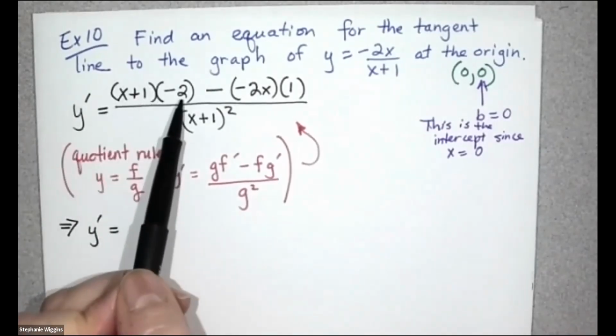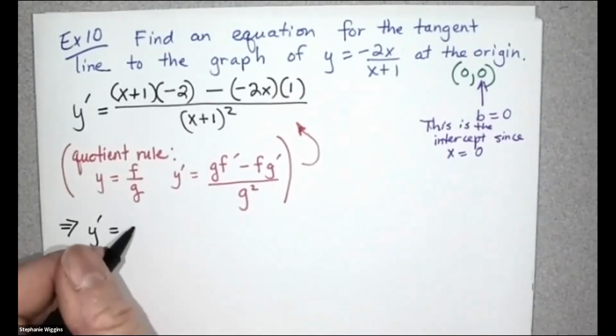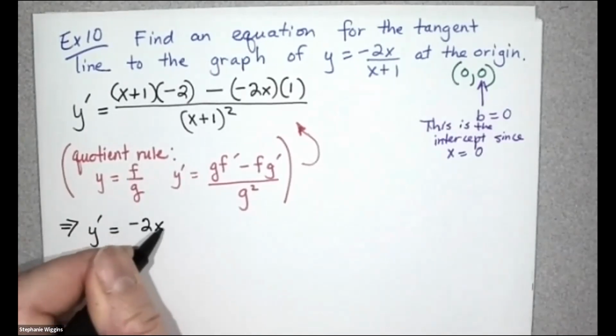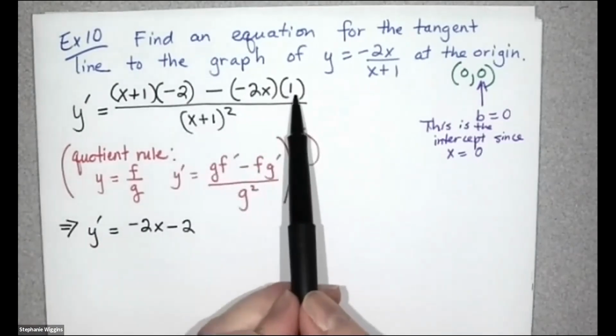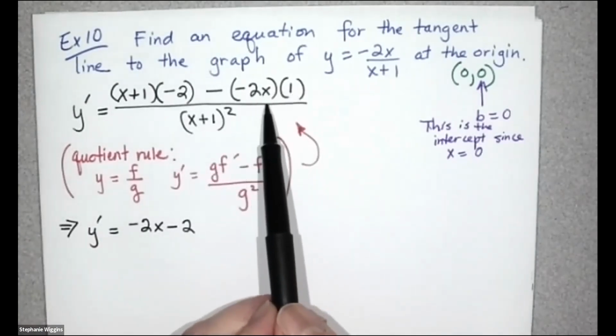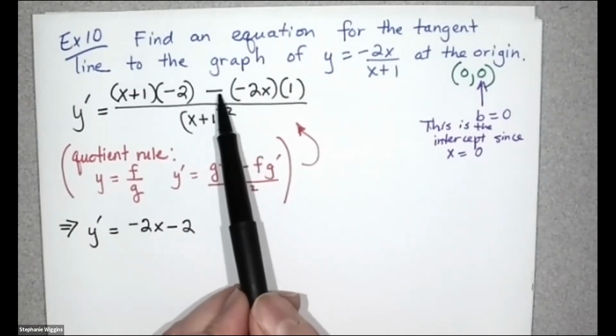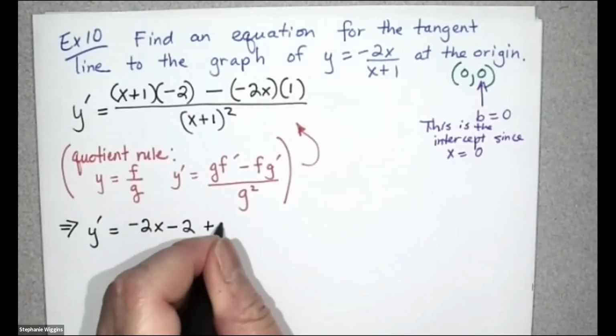So we have negative 2x times x plus 1 is negative 2x minus 2. And then we have 1 times negative 2x, but we're subtracting that. So it's going to be a double negative. So it's going to be plus 2x.